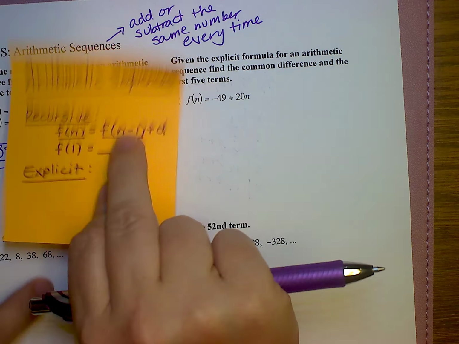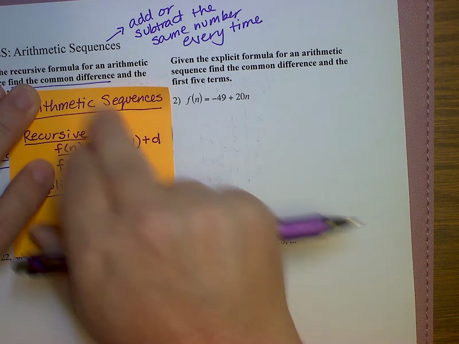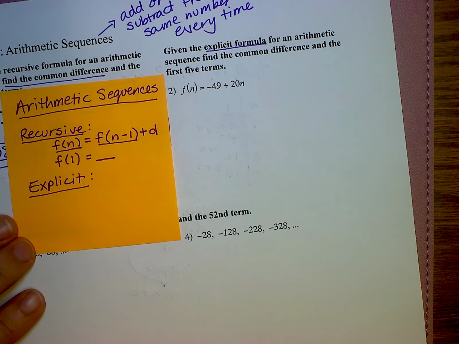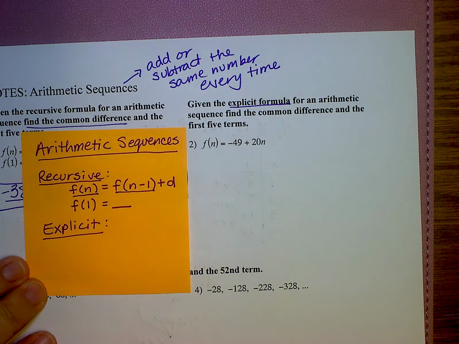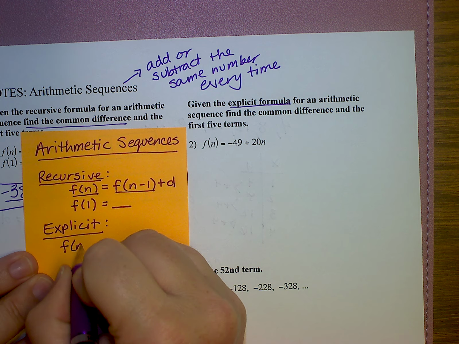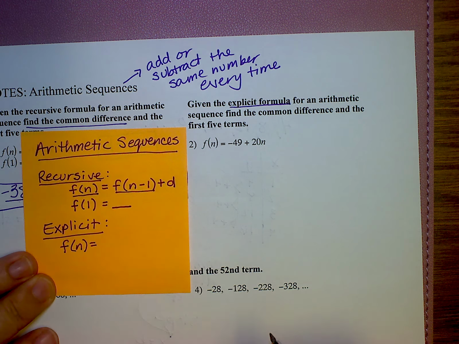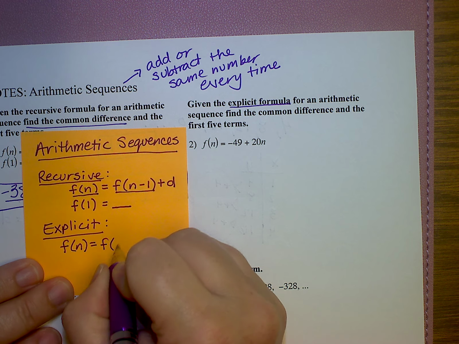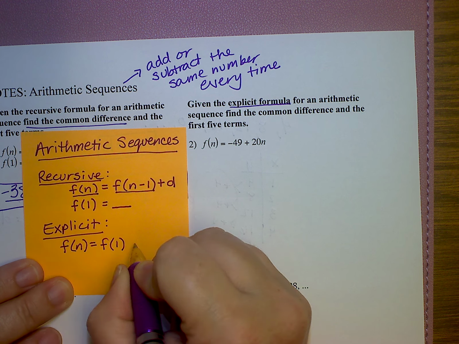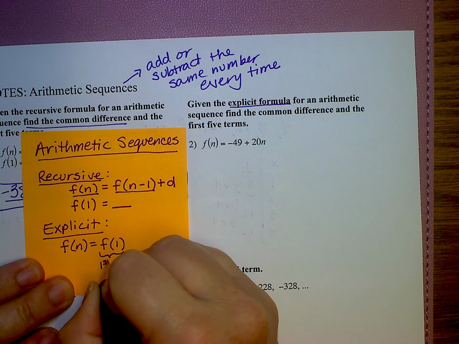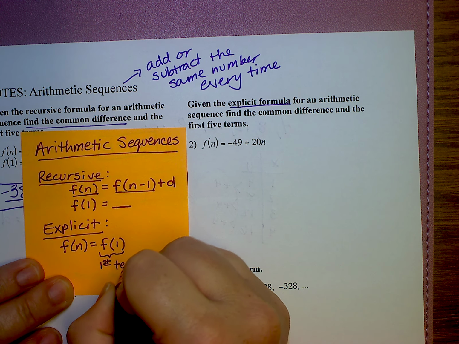Okay? Number 2 says, given the explicit formula. You see that? All right, you ready for the explicit formula? Explicit formula is f of n is equal to f of 1. That is referring to the first term.